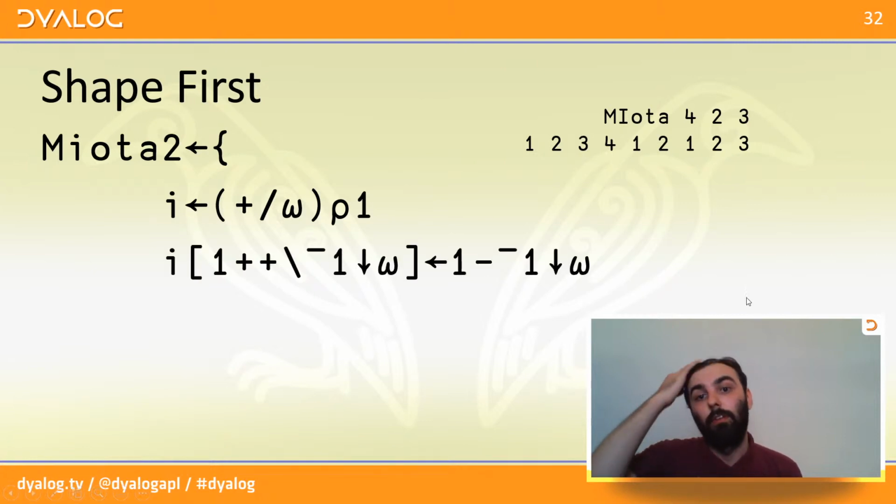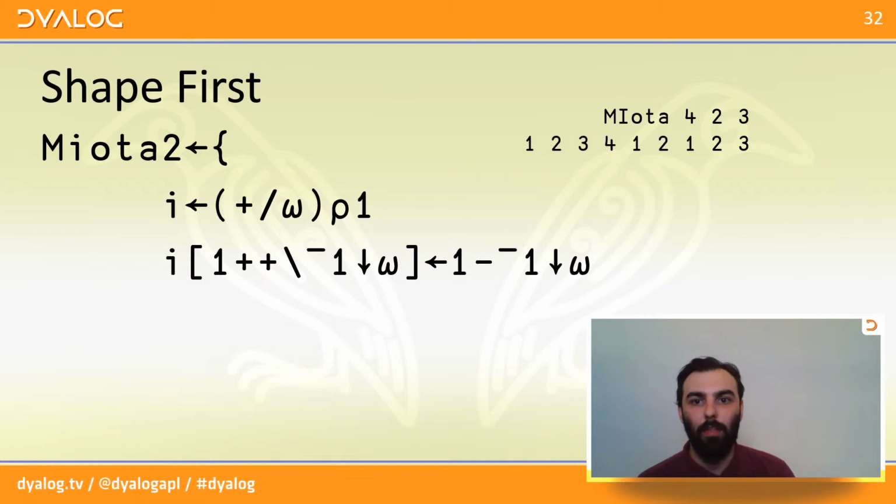Then we could use, for example, indexed assignment to modify the values in place such that we end up with an array of mostly ones and a couple of negative numbers, which when you plus scan them gives you the result you want, which is pretty neat.